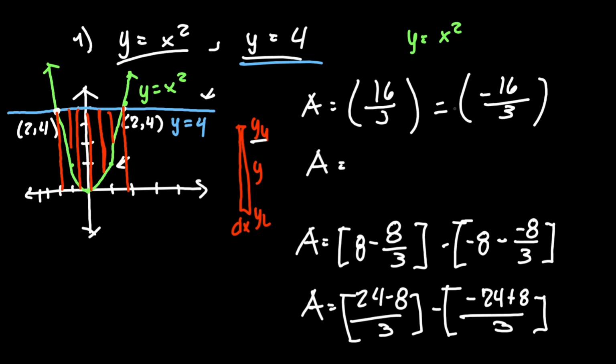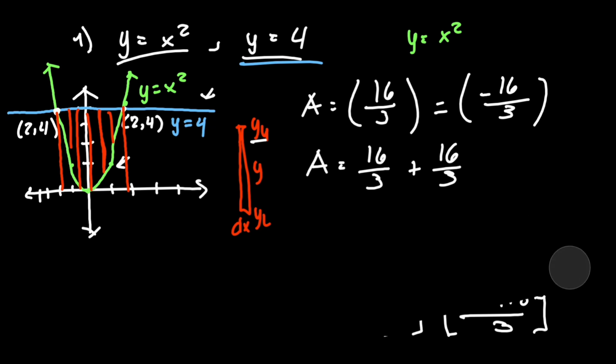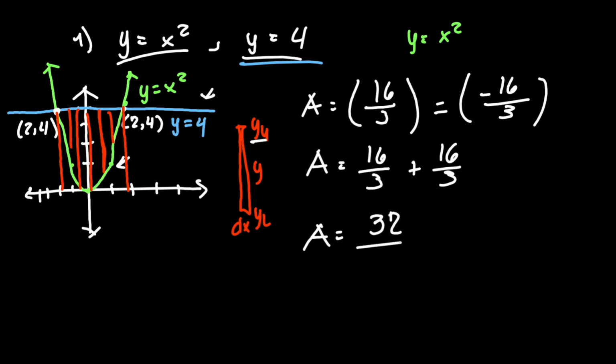And so, distribute the negative here. So, this would be 16 over 3 plus 16 over 3. Final answer here would be equal to 16 plus 16 would be equal to 32 over 3 square units.